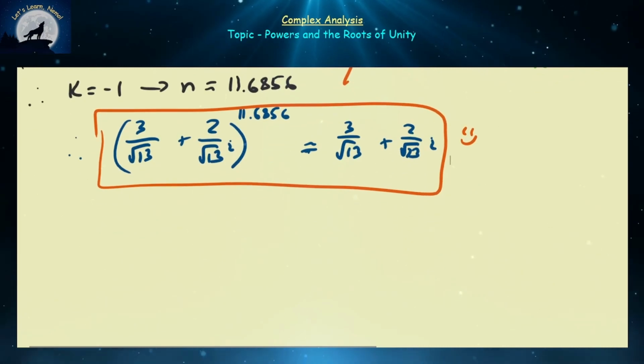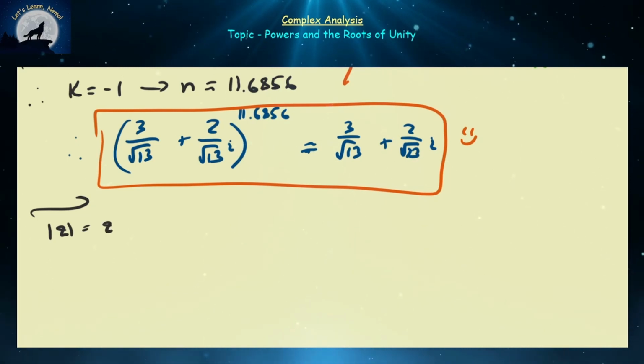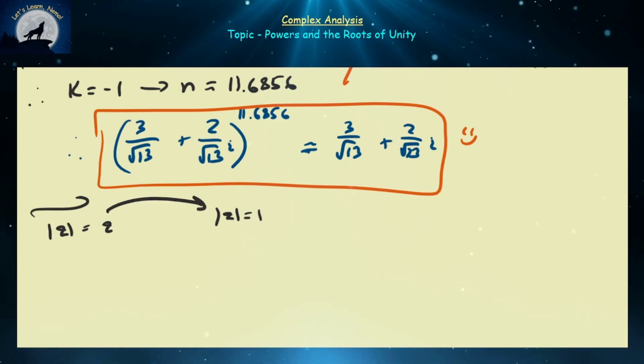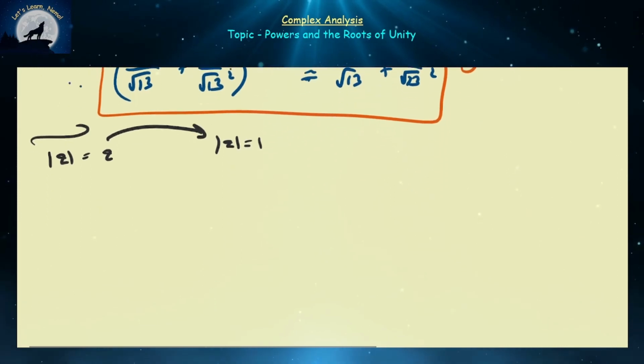So now instead of looking at the norm of z is equal to z, why not just look at the norm of z is equal to 1, since we can always transform a z into a normalized complex number, or some people will call it a unit complex number whose norm is equal to 1.